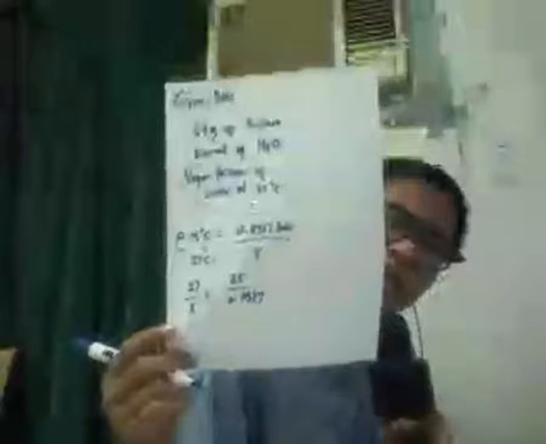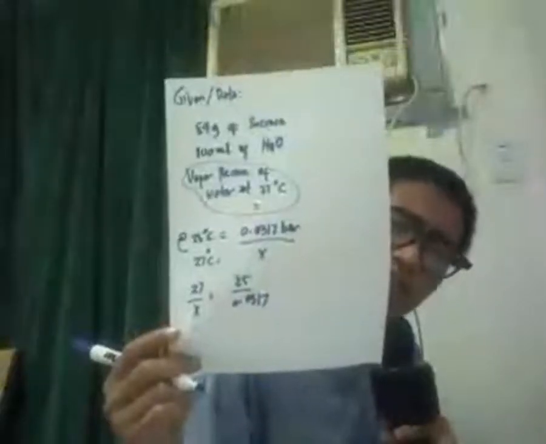Okay, at 25 degrees Celsius, the vapor pressure of water is 0.0317 bar. Wow. Okay, now we need to know what our vapor pressure is at 27 degrees Celsius. So ratio and proportion, right? Because it is the same quantity. So 27 over x is equal to 25 over 0.0317. Algebra, ratio and proportion, because the same quantity is to be used at a certain temperature.